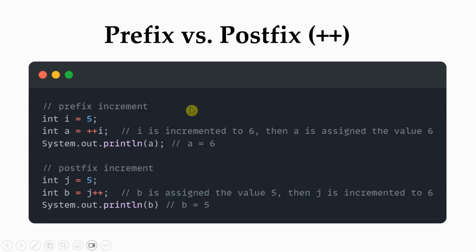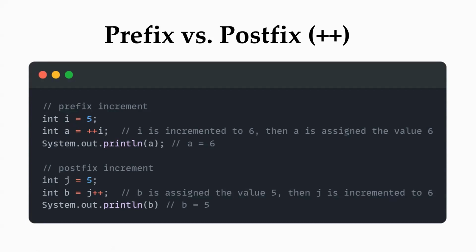Now let's look into some examples of prefix and postfix increment. For prefix increment here, I first declare a variable i, which is equal to 5. Then I do integer a is equal to ++i. So ++i here is a prefix increment, which means I will increase the value of i first, then only assign that value to the variable a.